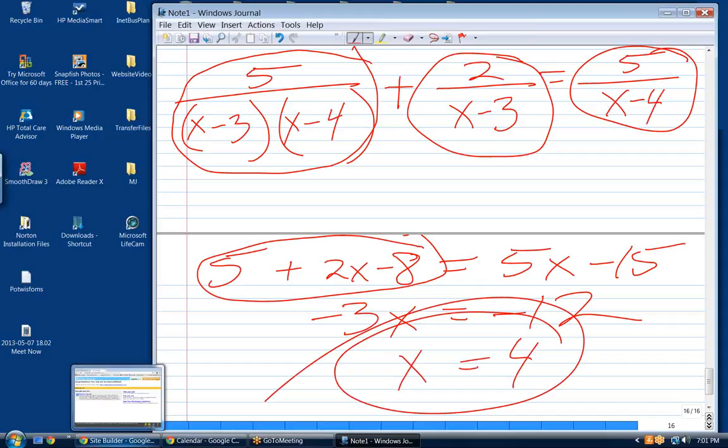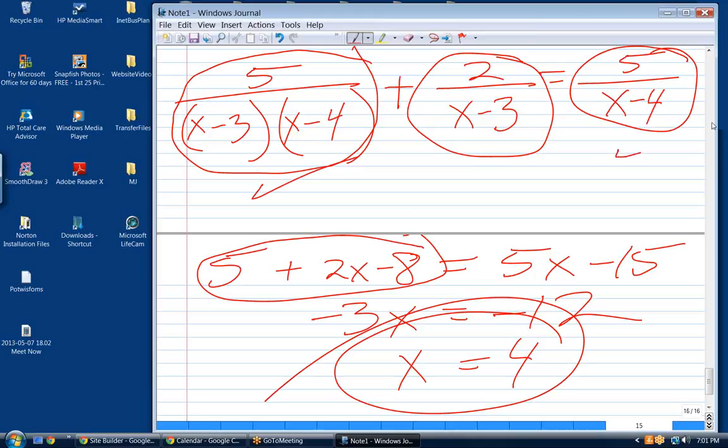Problem. What's the problem with that solution? It only has one solution? No? Or it's not equal to 0? Notice that in the original equation, if x is equal to 4, I'm dividing by 0, both here and here.